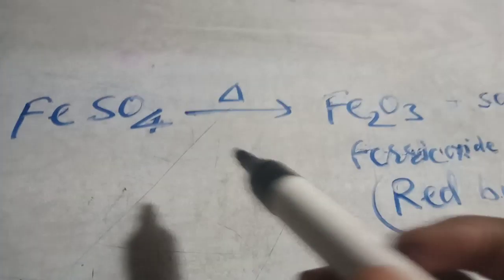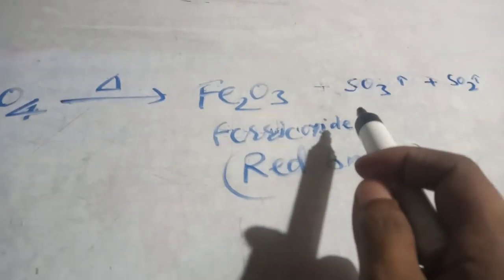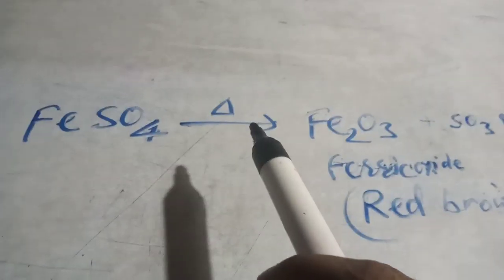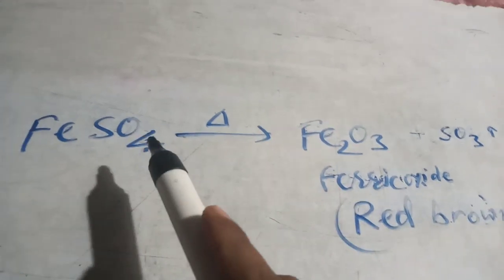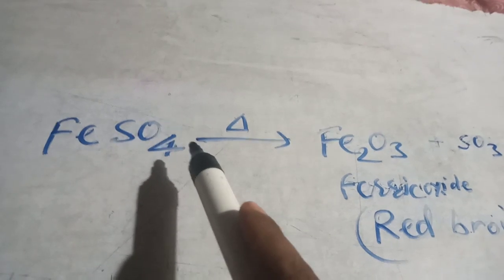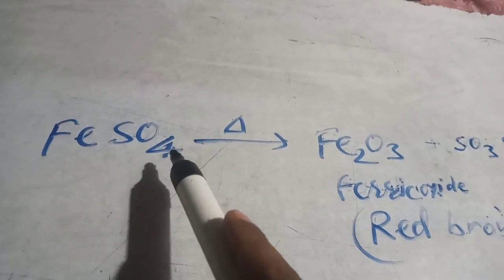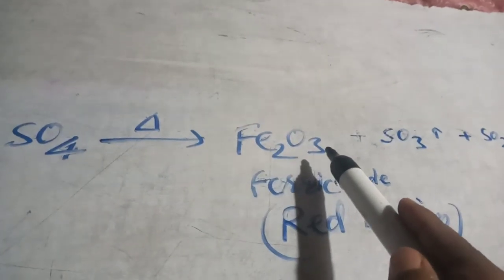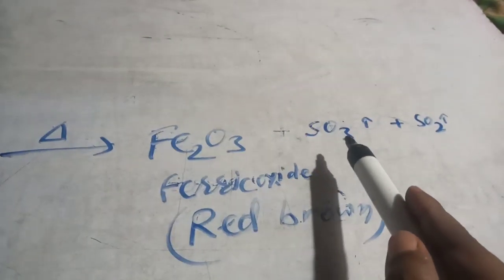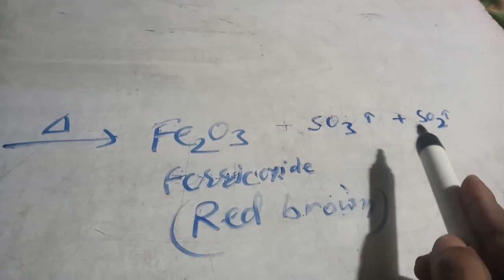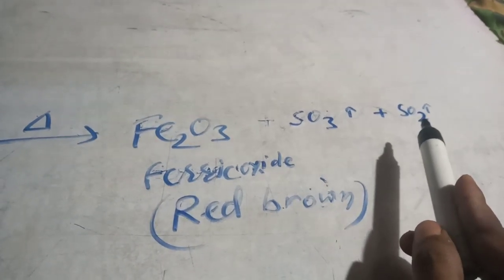Now let us see whether the reaction is balanced or not. So first of all, the number of oxygen here is 4, so we need to balance the oxygen first. Here it is 4, here it is 3, here it is 3, and here it is 2.